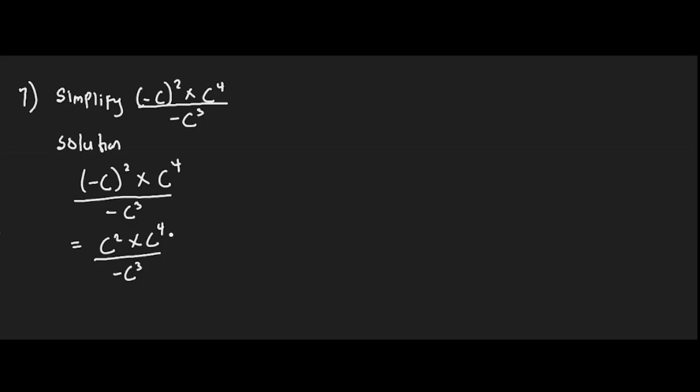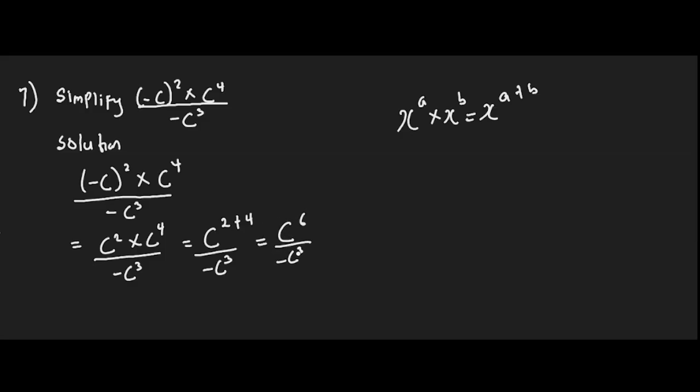To simplify the numerator, we apply x^a times x^b giving x^(a+b). Same base, the operation between them is multiplication, so we add up their powers. Then here we are going to have c^(2+4) all over -c^3, which gives c^6 all over -c^3.